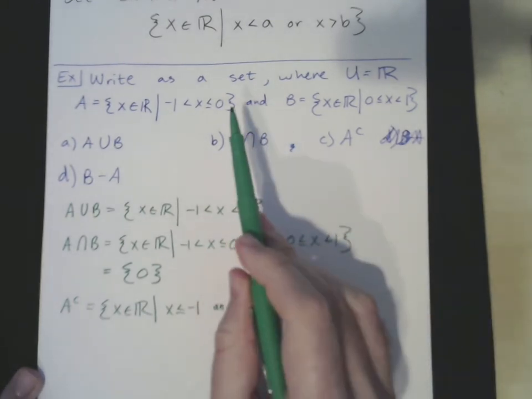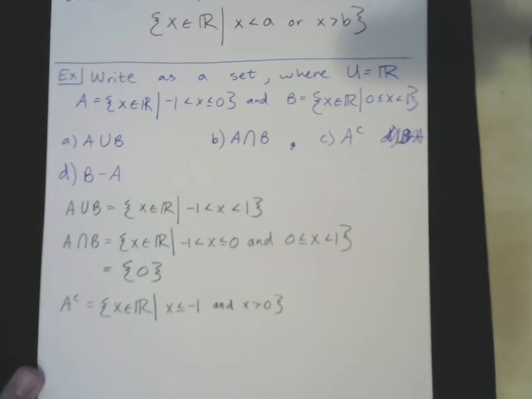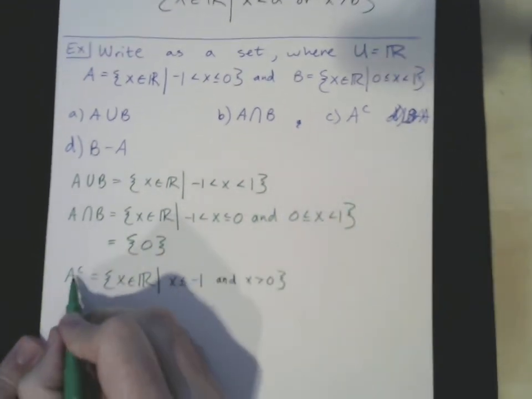Because we want to be bigger than this, smaller or equal to that. So that's our set for the complement.